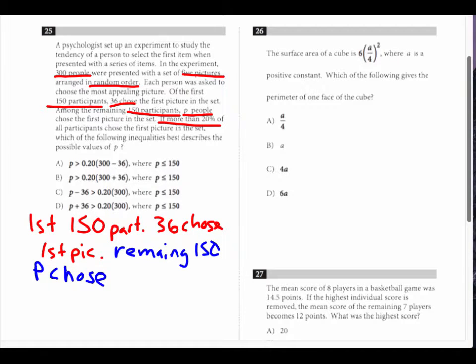I'm writing chose, but I'm saying choose. I'll recap this in a second. I'm just thinking out loud.